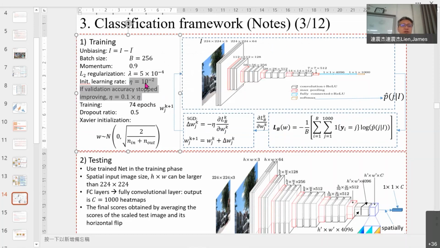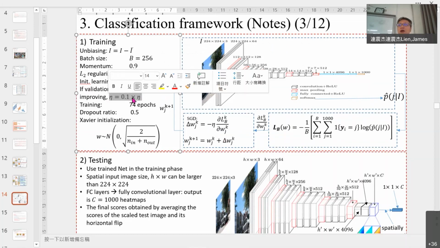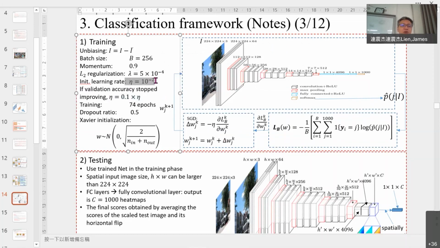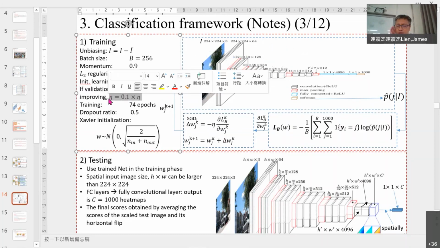So initial learning rate, and you want to do adaptive learning rate. But in reality, I mean, have an initial learning rate, and then after 10 iterations or epochs, you change the learning rate. Sorry, actually, I said you should do adaptive, not.